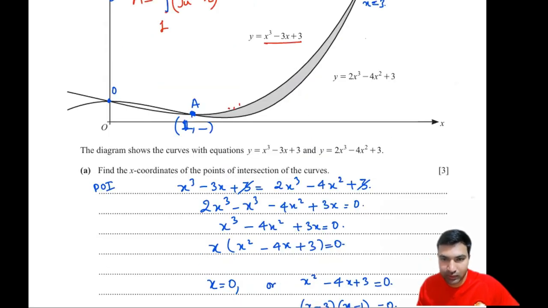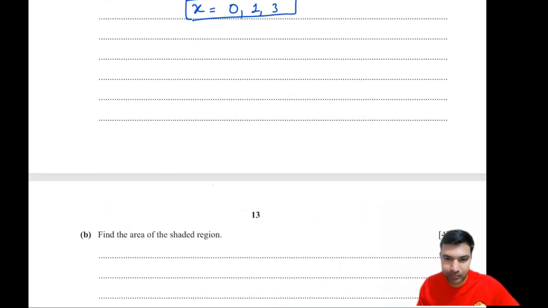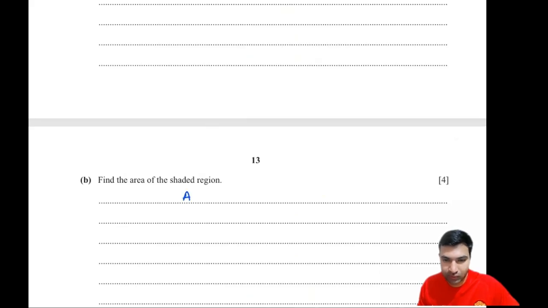So the upper curve is x cubed minus 3x plus 3. So the required area is from 1 to 3, sorry, that's positive 1 to 3. So you get x cubed minus 3x plus 3, all right, minus 2x cubed minus 4x squared plus 3.